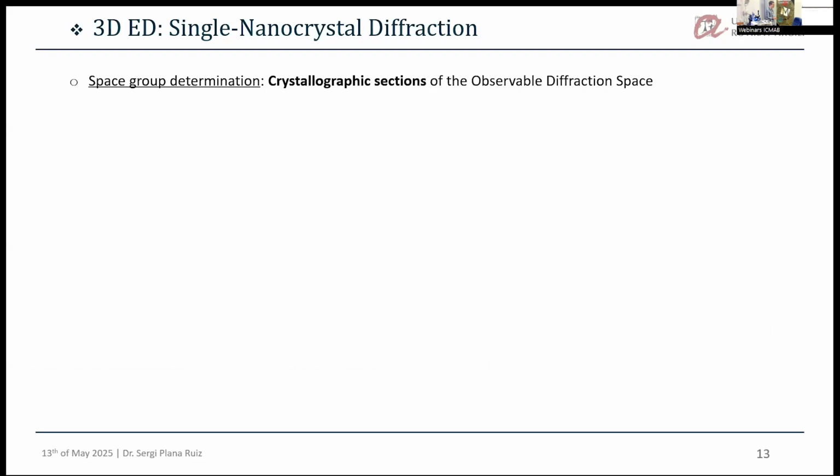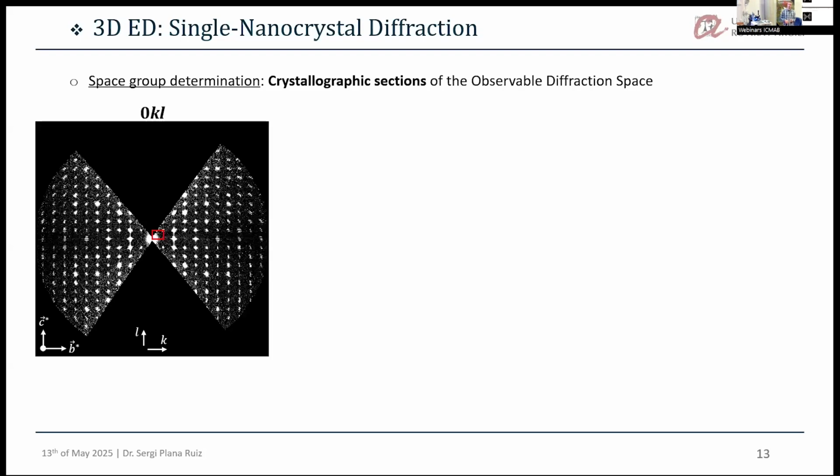With this, we can then go to the determination of the space group. This is typical as in X-ray diffraction. One has to go through different sections of the diffraction space. We can cut our diffraction volume to have these crystallographic sections, and identify reflection conditions and extinctions. Here, for example, is a case of an orthorhombic structure.